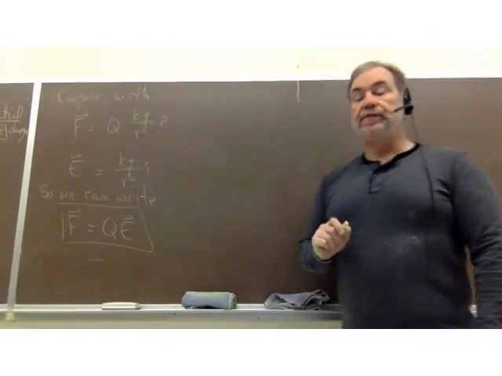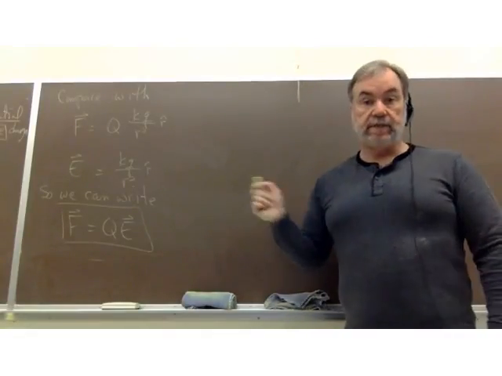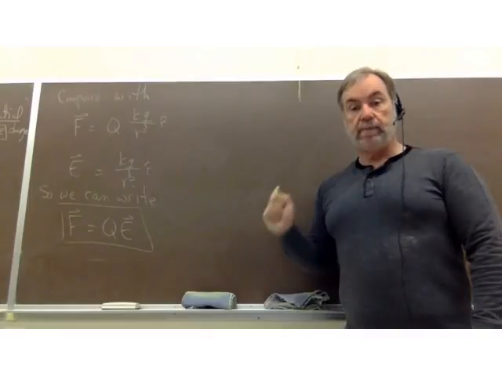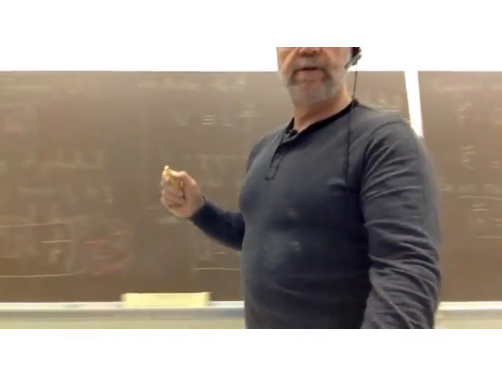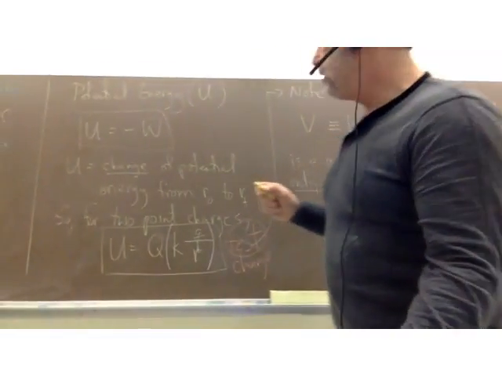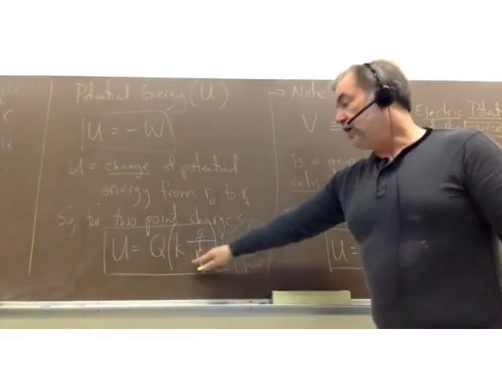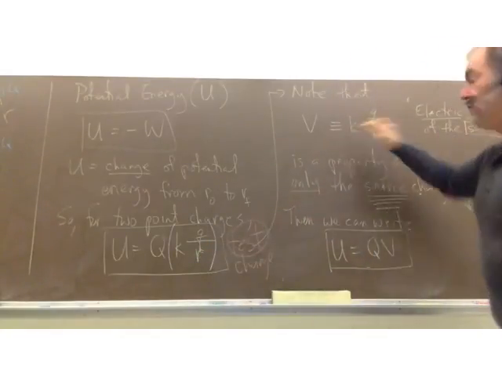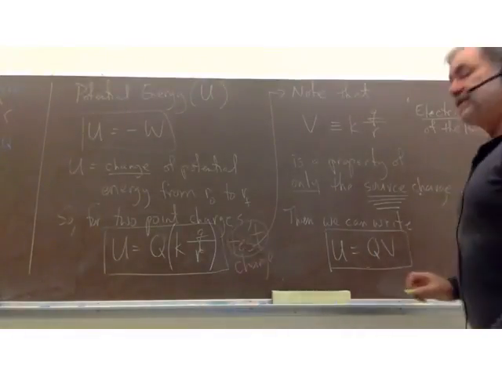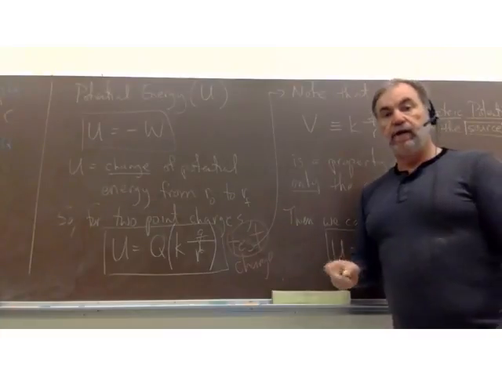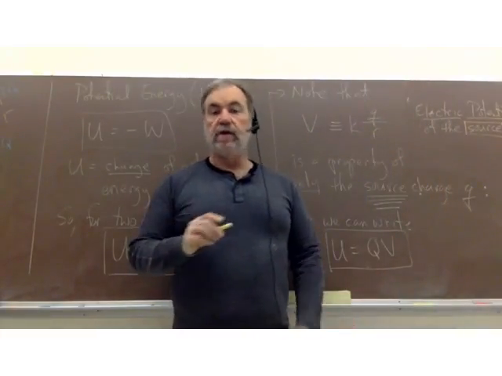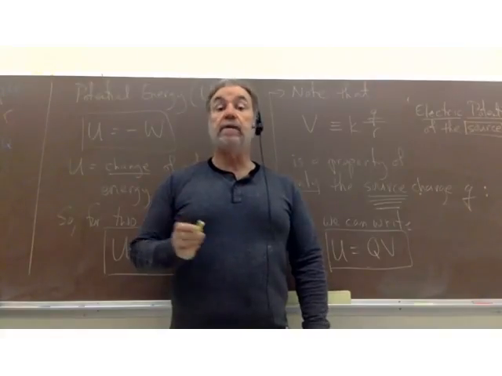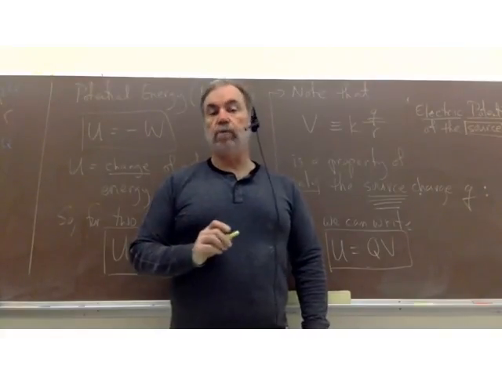However, the thing that makes the energy approach useful and powerful and better is that whereas force and the electric field are both vectors, potential energy and therefore potential are both scalars. No directions here, no vector components, none of that stuff. These things just add like numbers. Much easier to work with.